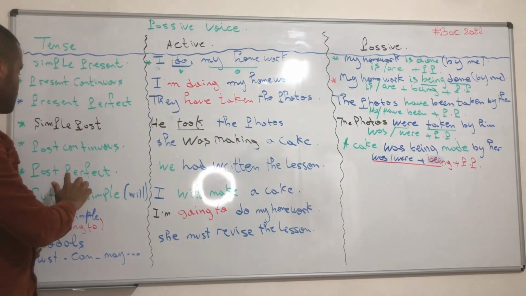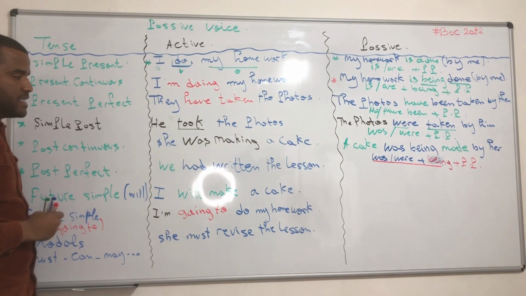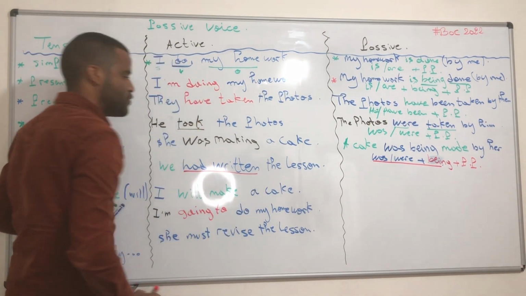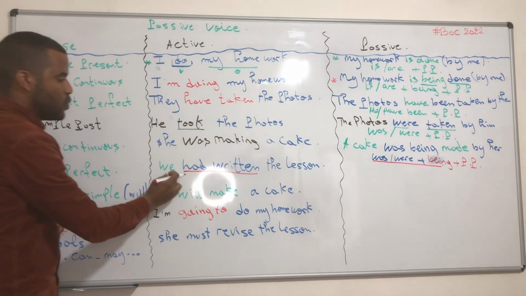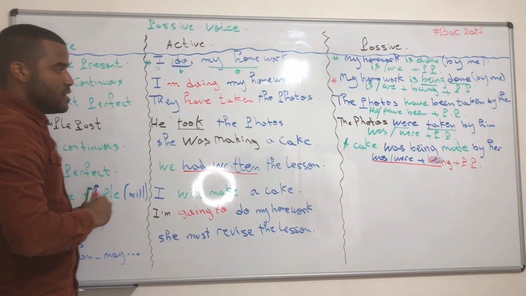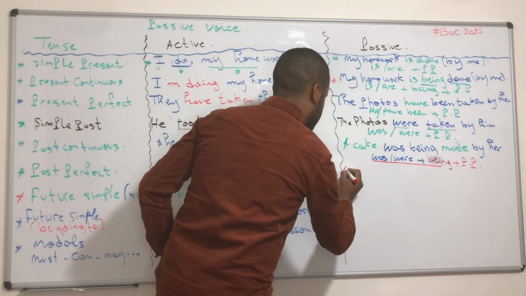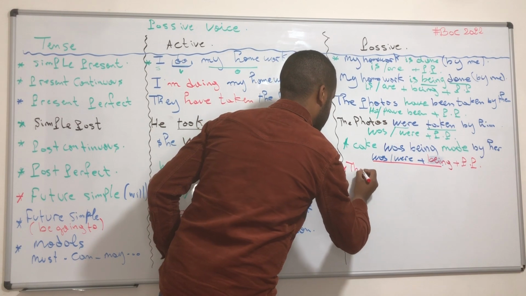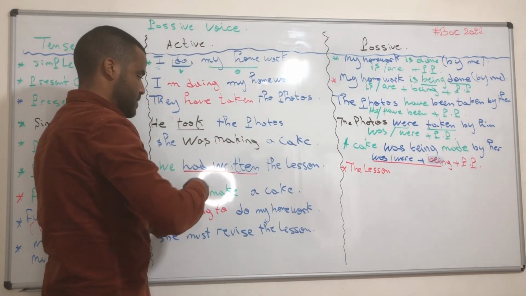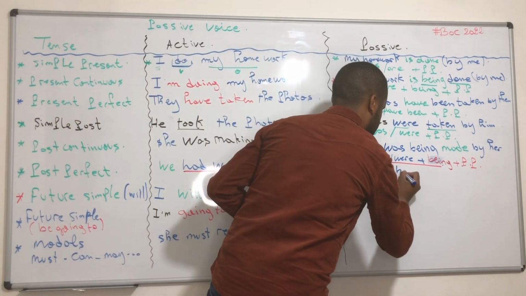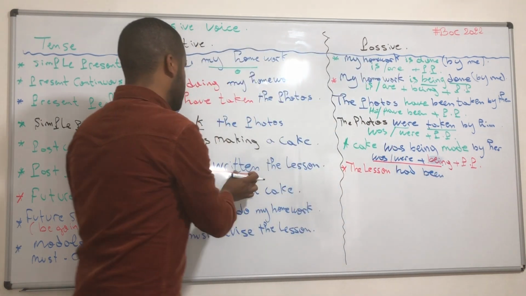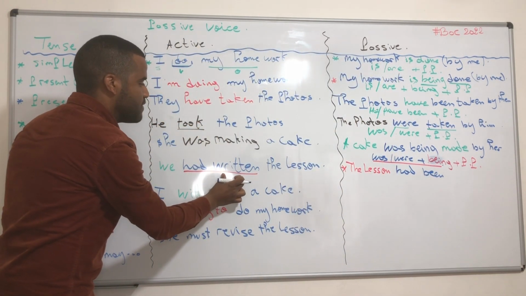Okay, so we move to the past perfect. In the past perfect we have, this is the rule, had written. We have written the lesson. So if you want to do it in the passive, we're gonna say the lesson had been, and we are going to add the past participle we already have here.